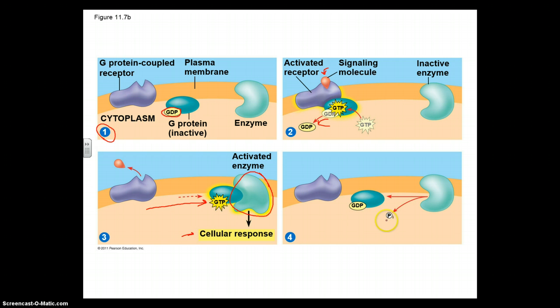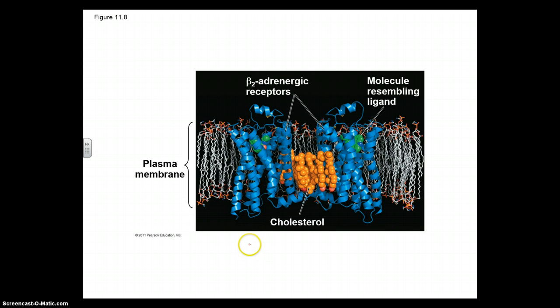And then an inorganic phosphate here will come back along and reactivate once necessary. This is a computer rendition here of both your plasma membranes and the types of receptors that you might find.